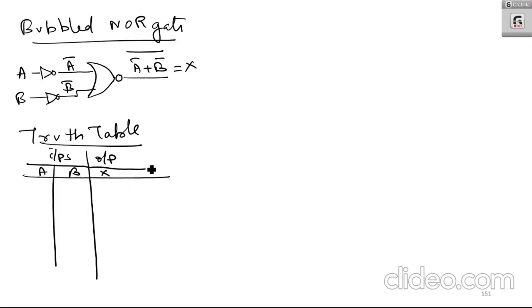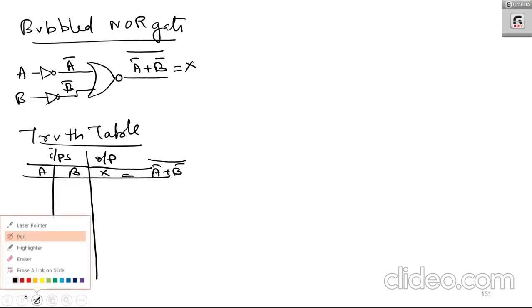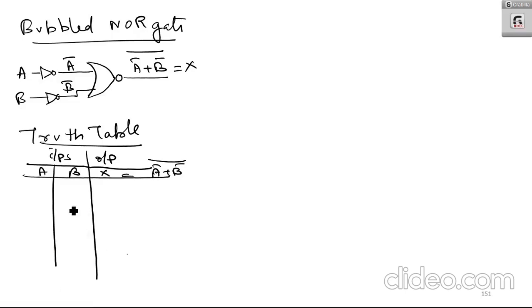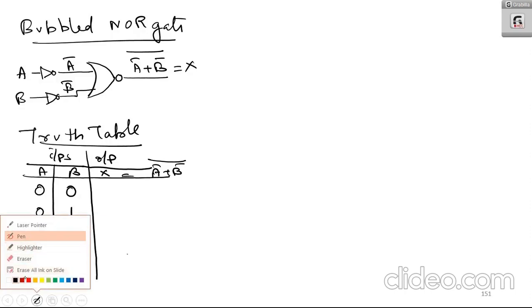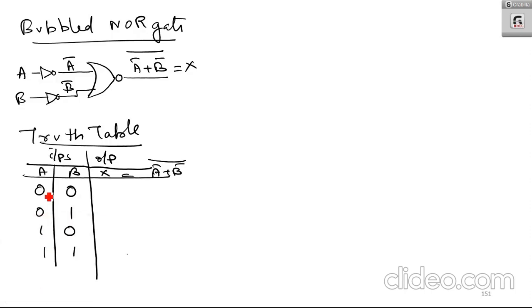H is basically A bar or B bar, the whole bar. Okay. Now let me give different values of it. Okay. So this is 0 0, 0 1, 1 0 and 1 1. So we need to calculate A bar or B bar, the whole bar. So we need to have A bar as well as B bar. So I am writing A bar and B bar in red. A 0 becomes 1, 0 becomes 1, 1 becomes 0, 1 becomes 0.